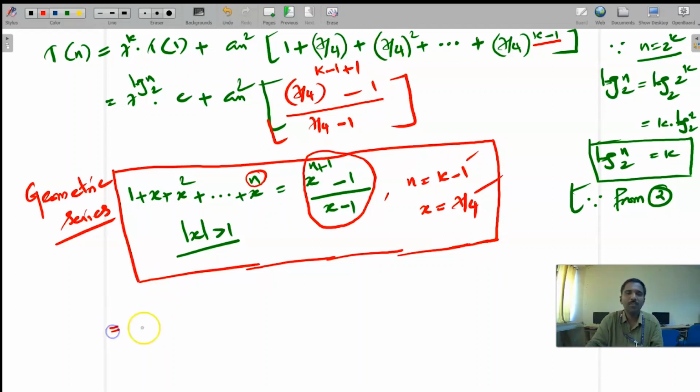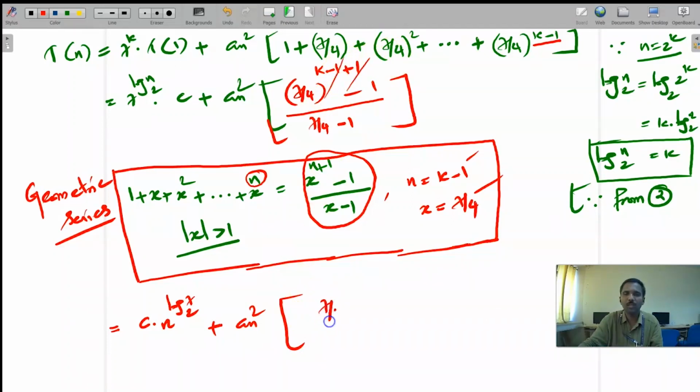Simplifying, write this result further. This is c into 7 power log n base 2. We can interchange this 7 and n, so that this is n power log 7 base 2 multiplied with c plus a n square. Simplifying this place, plus 1 minus 1 cancels.